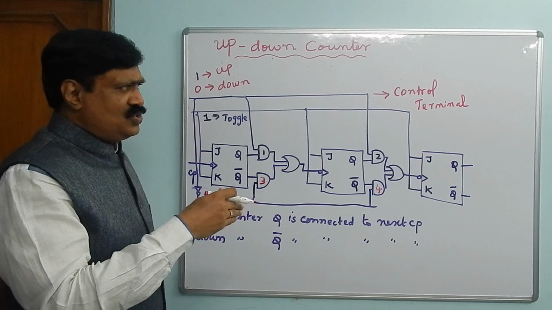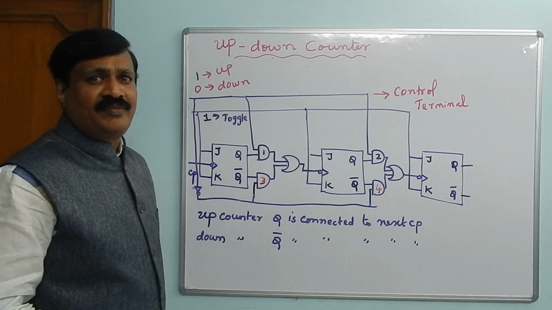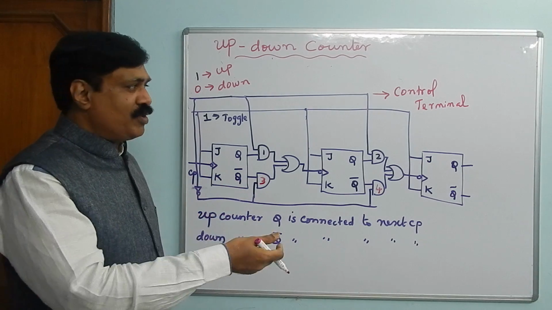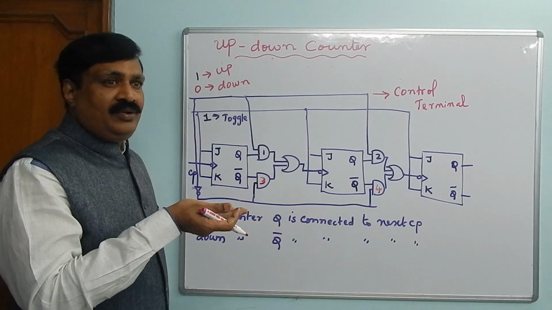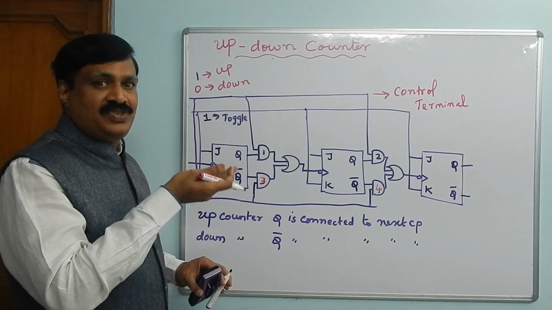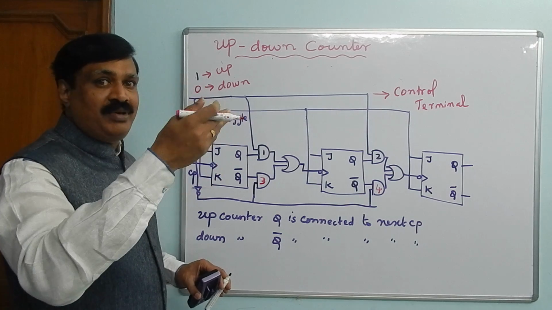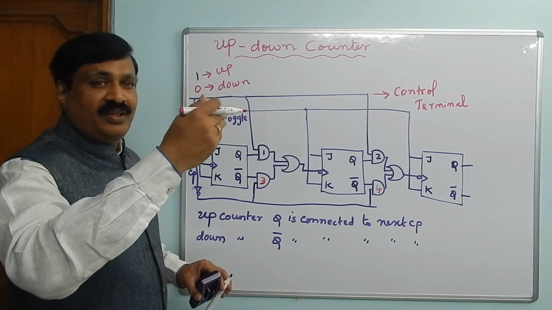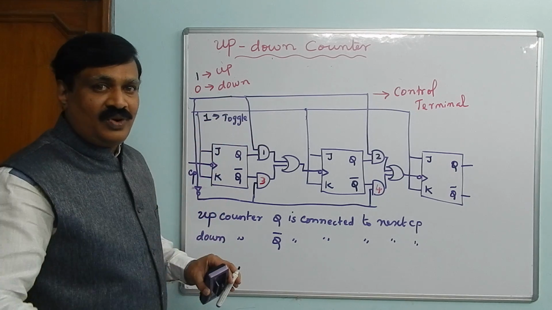In a class, I asked, can you give an example for up counter and down counter? One smart student answered: while you upload a video, the upload percentage is increasing, 5%, 7%, 100%, and the timing, for example 1 hour, is reducing, then 45 minutes, and it goes on reducing.